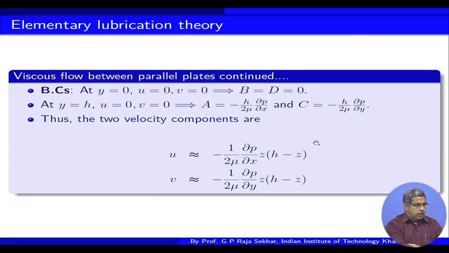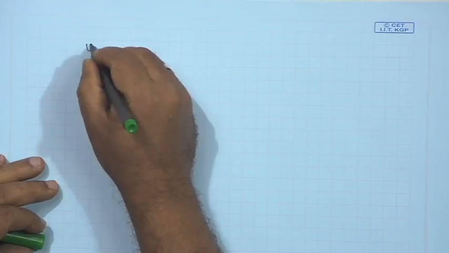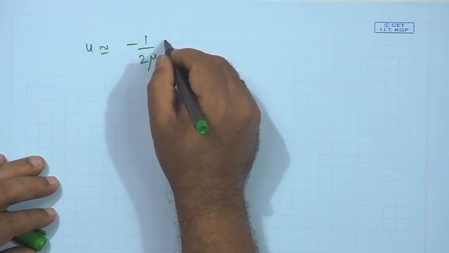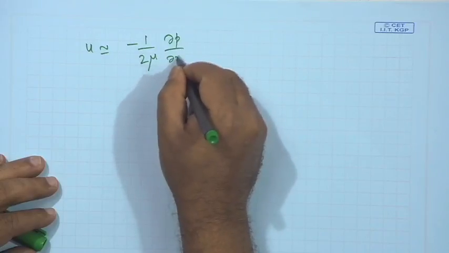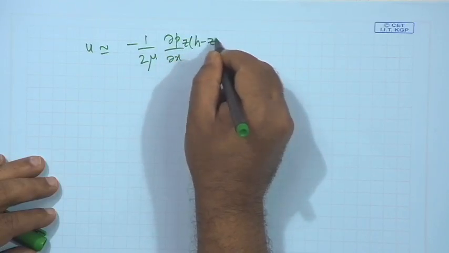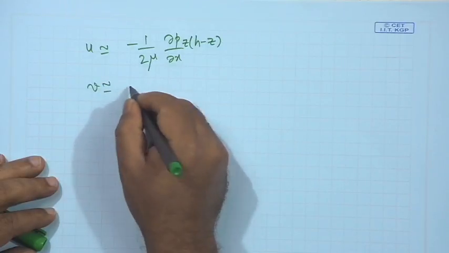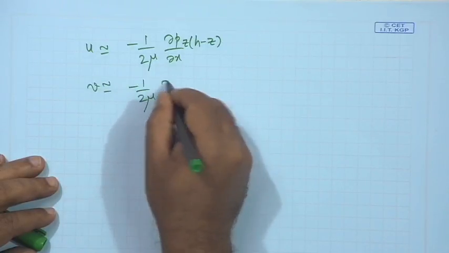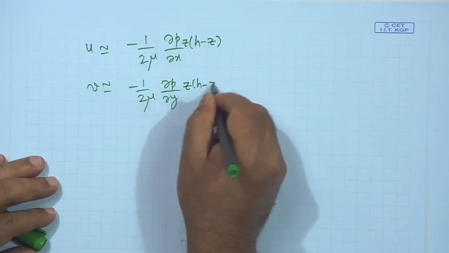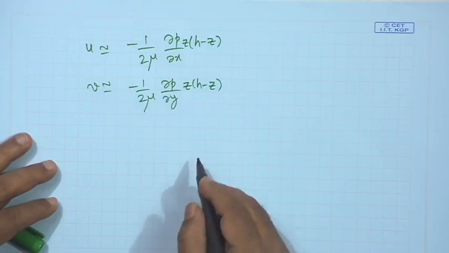Now if you closely observe the velocity structure, u behaves like z(h minus z) times a pressure gradient, and v similarly.